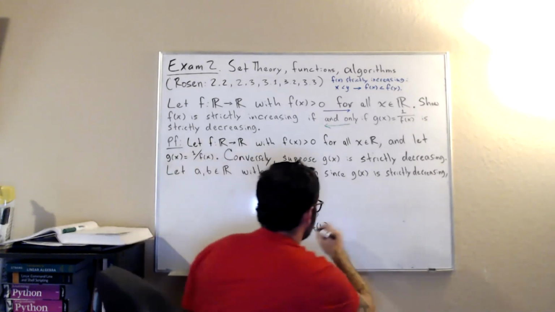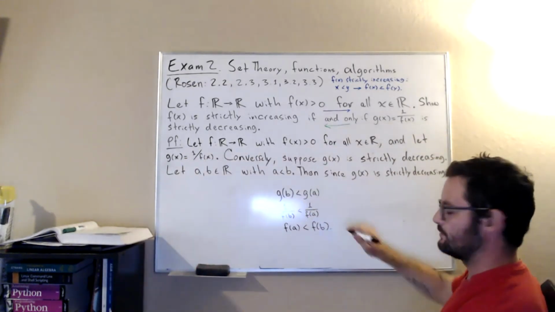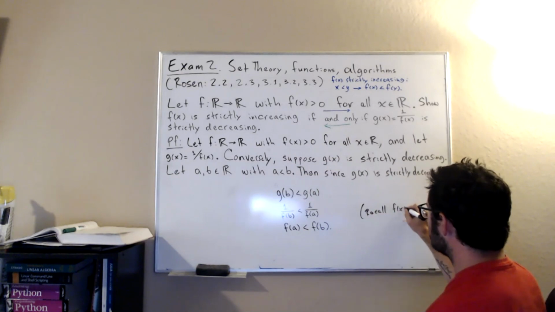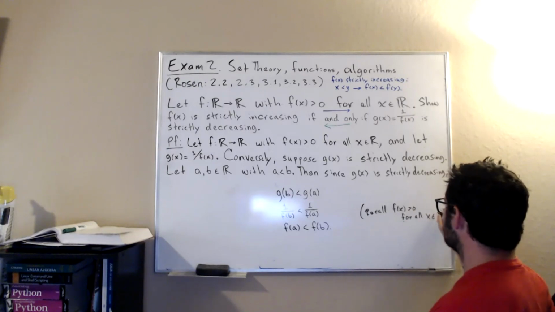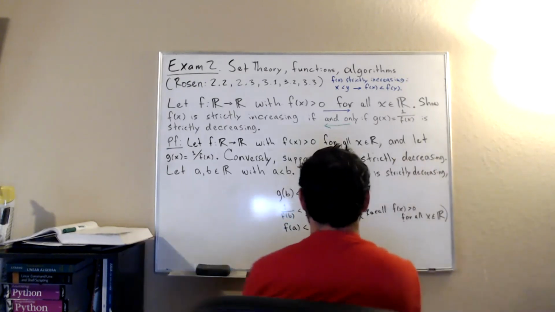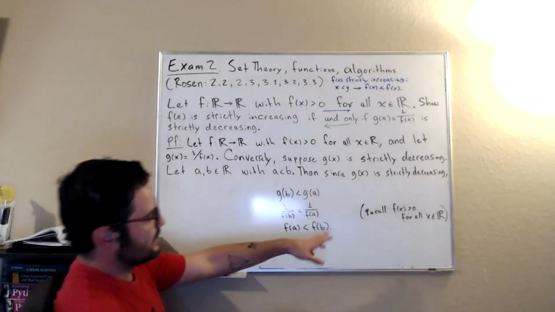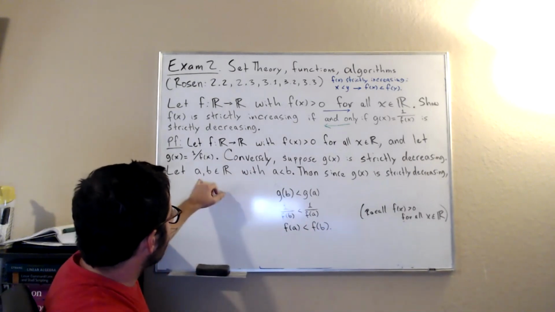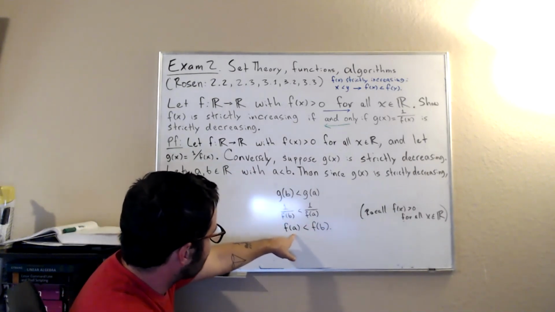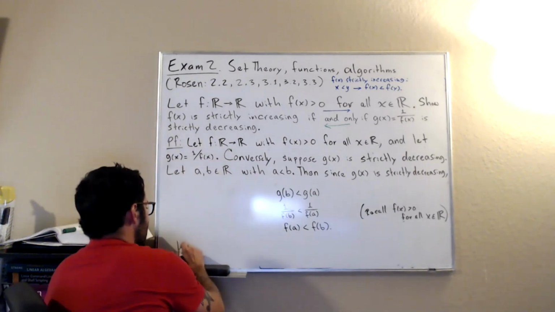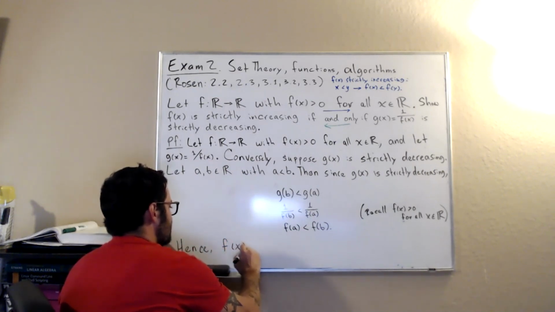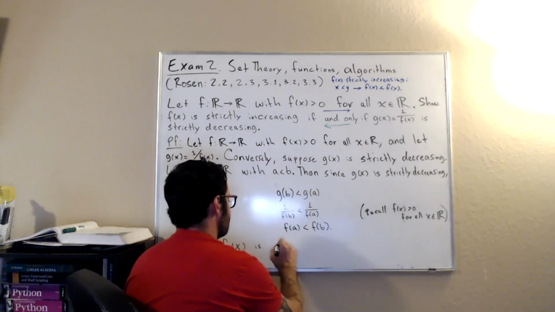I probably should have written on the previous equations, along with this one, that f of x is greater than 0 for all x, because that makes sure the reader knows the inequality is not going to flip. There's no negative that you're multiplying by. So a less than b implies that f of a is less than f of b. Hence f of x is strictly increasing.